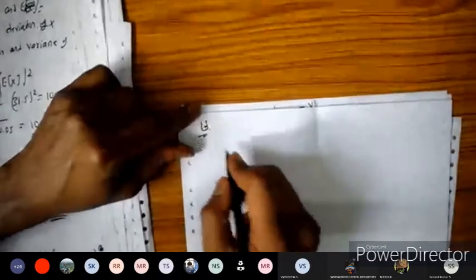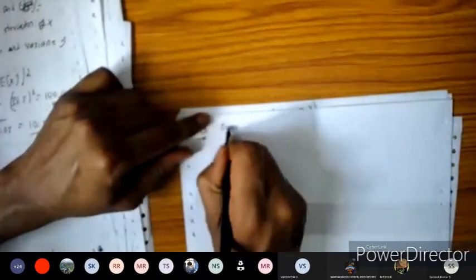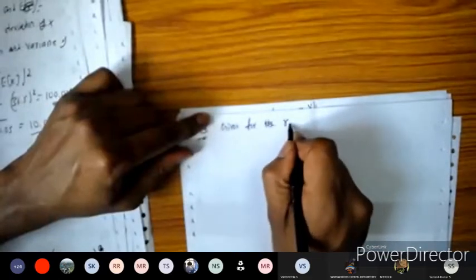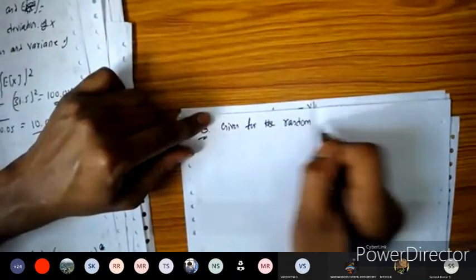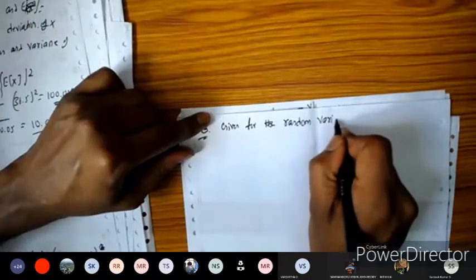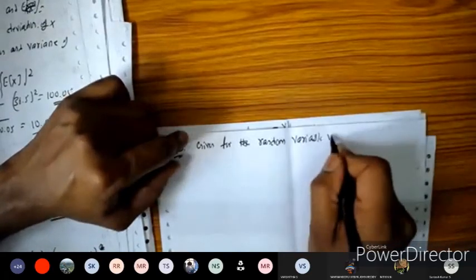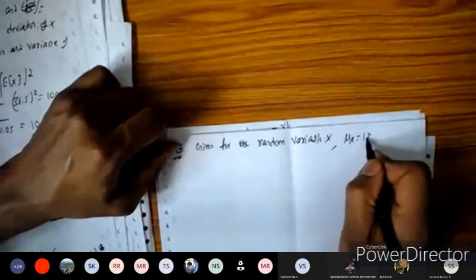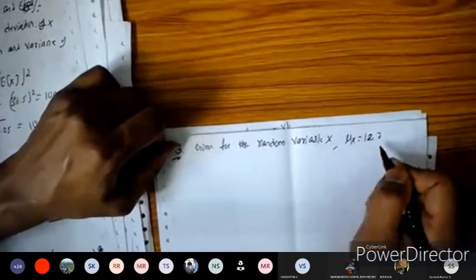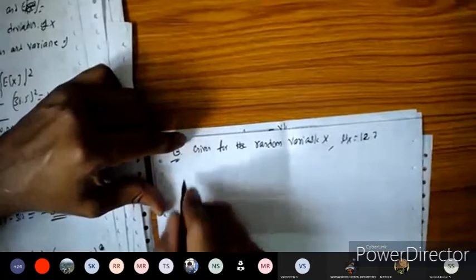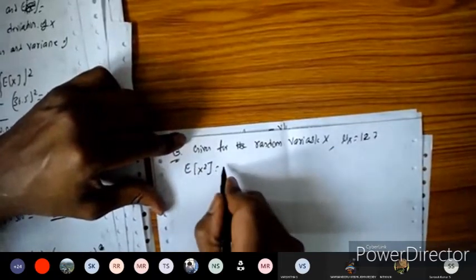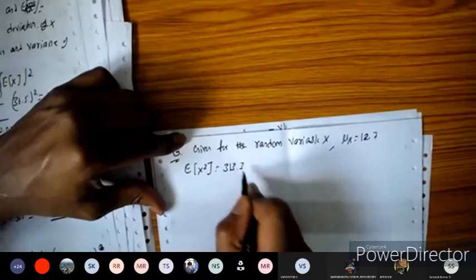Given for the random variable x, you can take mu x is equal to 12.7. Expected value of x square is equal to 313.3.